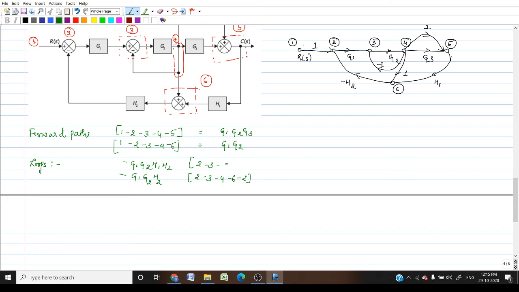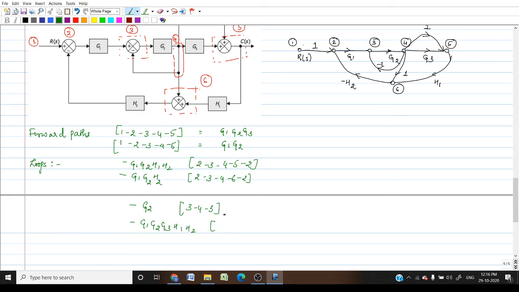So 2 to 3, 3 to 4, 4 to 5, 5 to. Similarly, we have one more loop. It is minus G2. Minus G2 is 3 to 4, 4 to 3. Then we have one more: minus G1, G2, G3, H1, H2.